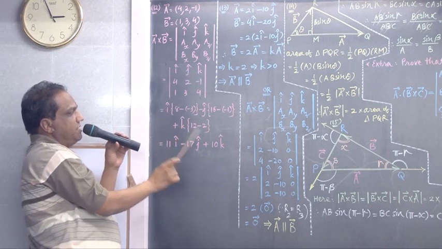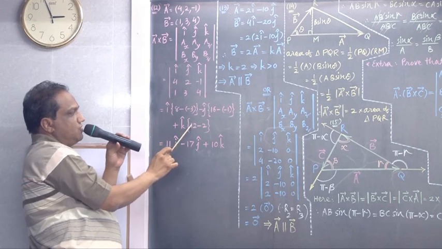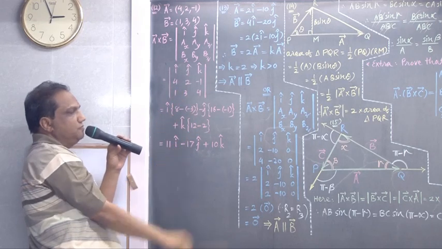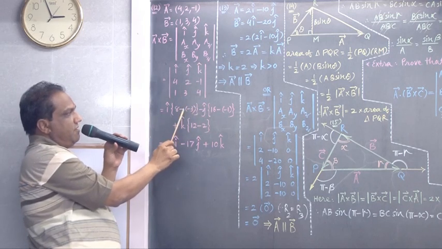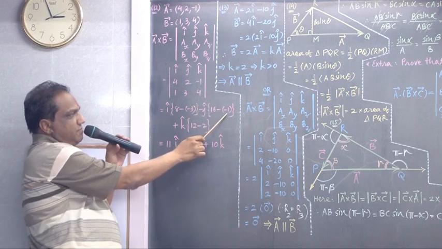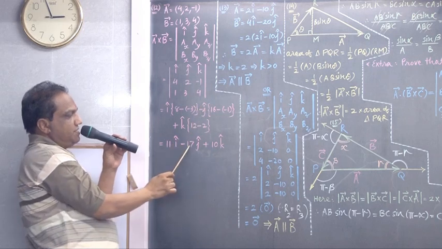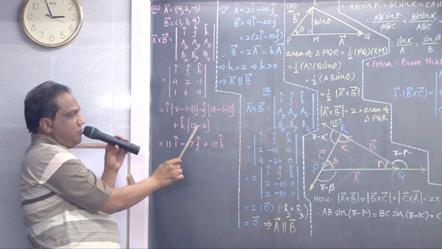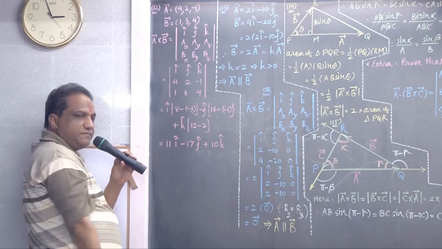With plus k hat: 4 threes are 12 and minus 2 into 1, that is 2. Minus minus plus, so 8 plus 3 is 11 i hat. Minus minus plus, 16 plus 1 is 17, into minus j hat, so minus 17 j hat. 12 minus 2 is 10 into k hat. You have got the answer.